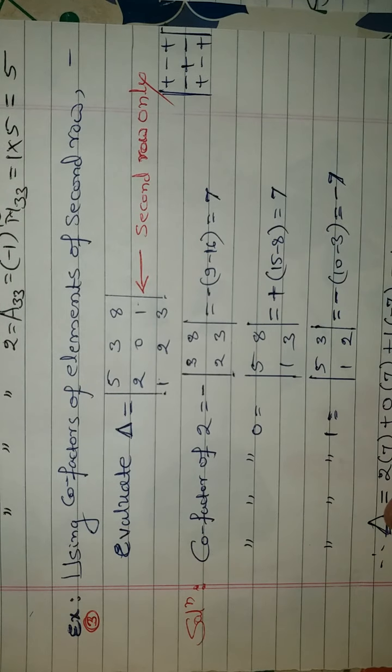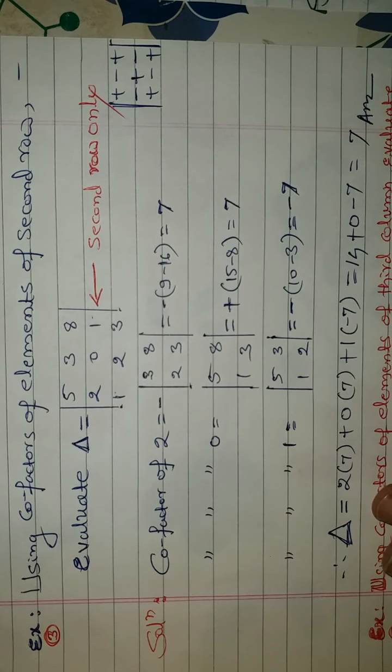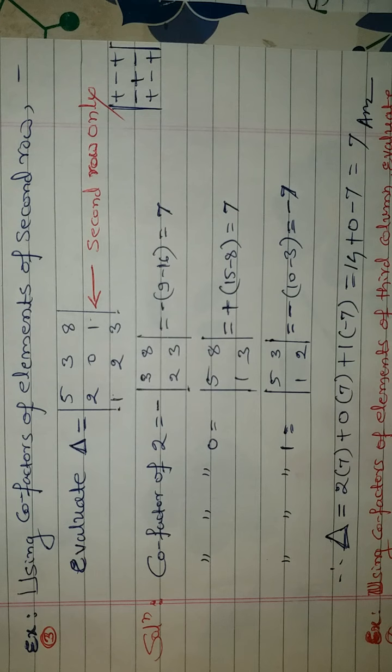But now the next type is a different problem based on the same minors and cofactors, but with one thing: using the cofactors, how we shall find the elements of certain rows or certain columns. Often you will get this type of question in your examination carrying 2 marks.